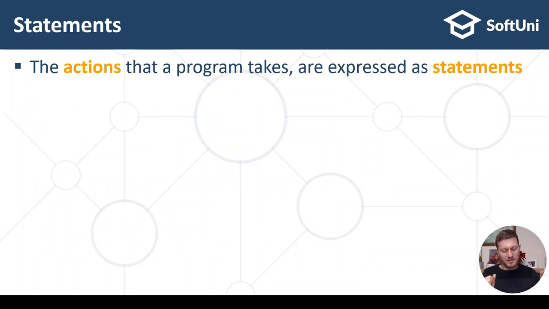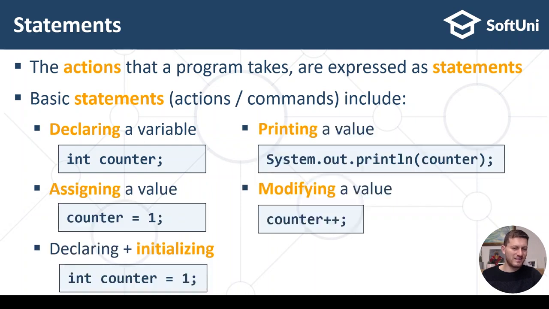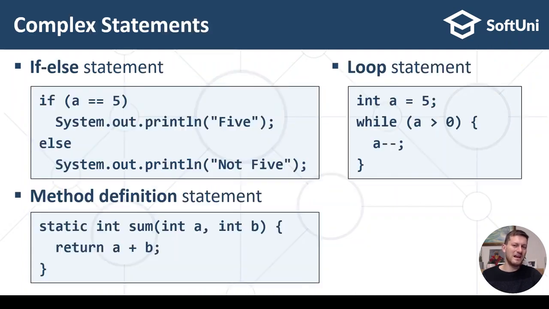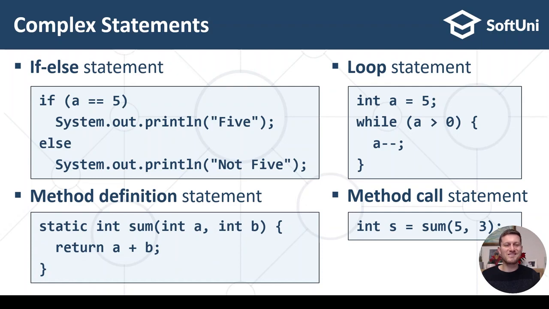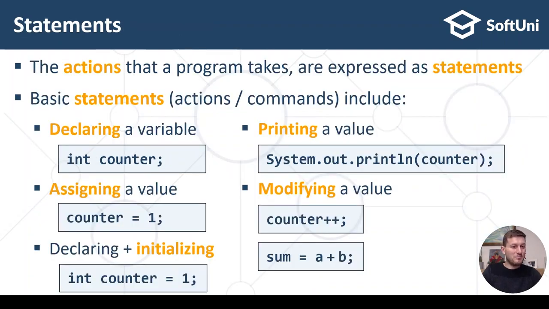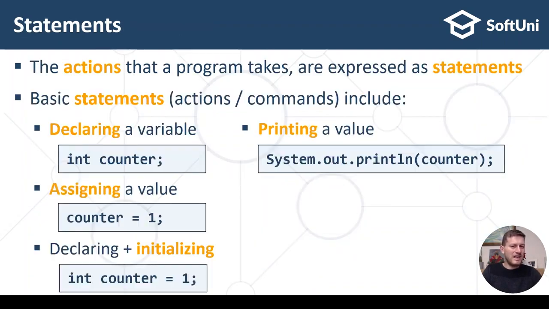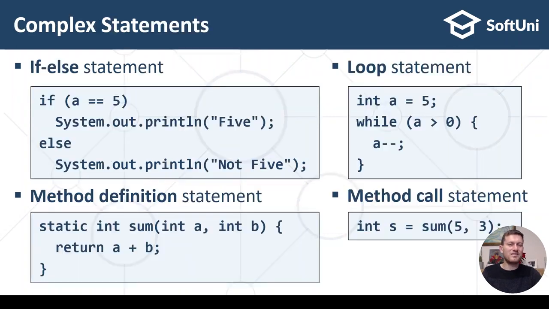In the natural language, if we want to write an essay, we put a sequence of sentences. In programming, if we want to write a program or procedure, we use a sequence of statements. So it's very similar. Programming languages are similar to natural languages, and we have simple or basic statements and complex statements like these ones.